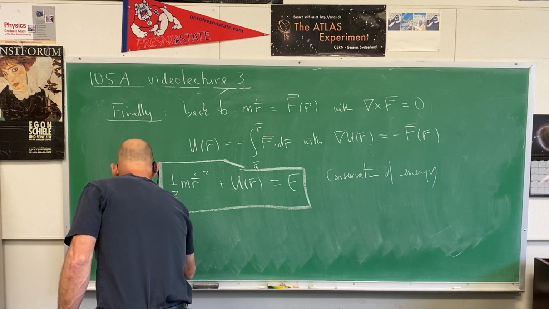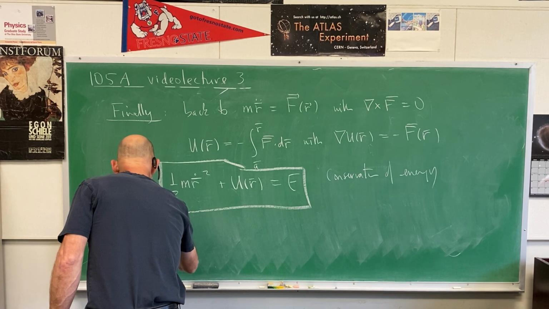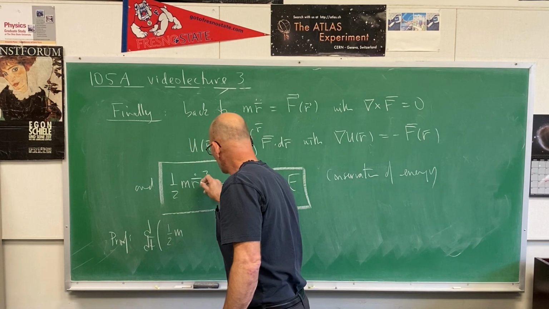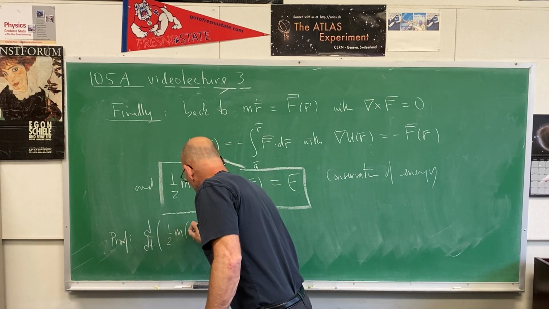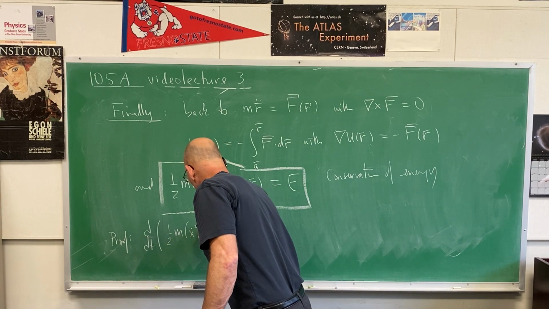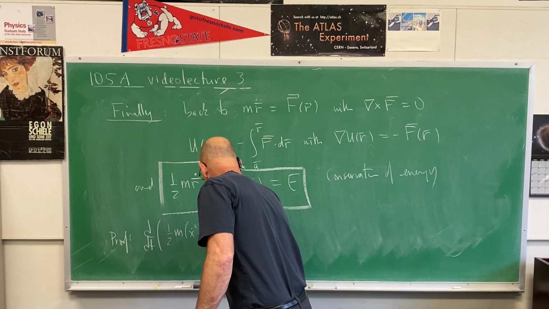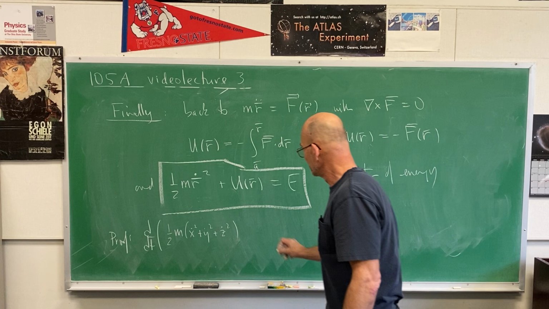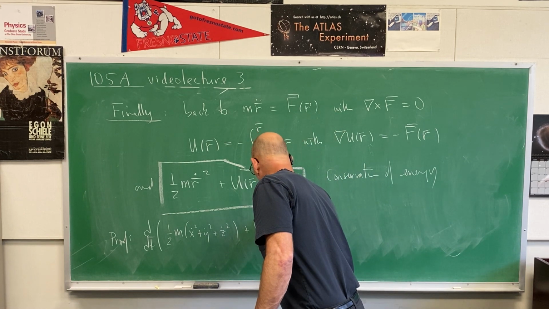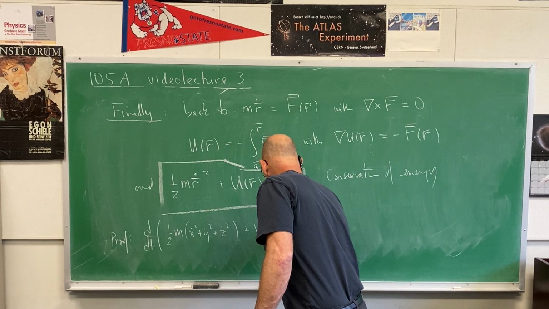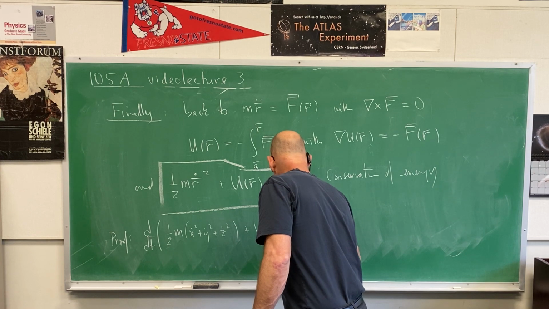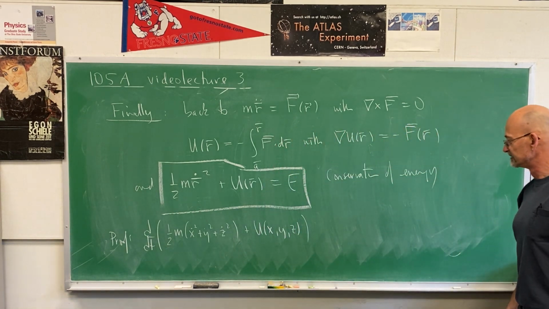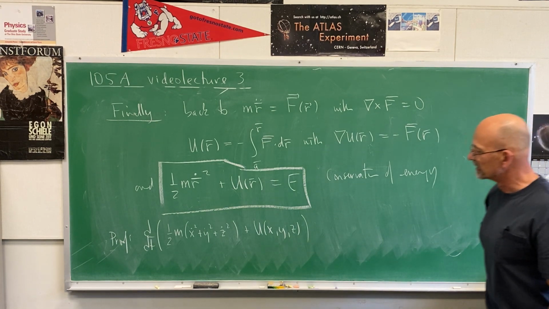So d over dt of 1/2 m. Now this R dot squared expanded out is x dot squared plus y dot squared plus z dot squared. And this U of R, I'm just going to write x and y and z. Good.